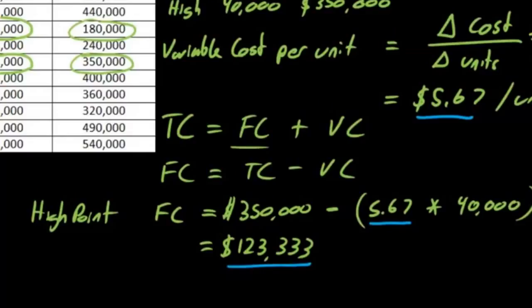So we've used the high-low method to calculate our variable cost, which is $5.67 per unit, and our fixed cost, which was $123,333. And remember, this is an estimate. This is our estimated variable cost and estimated fixed cost, and it's a much easier way than using the actual cost.